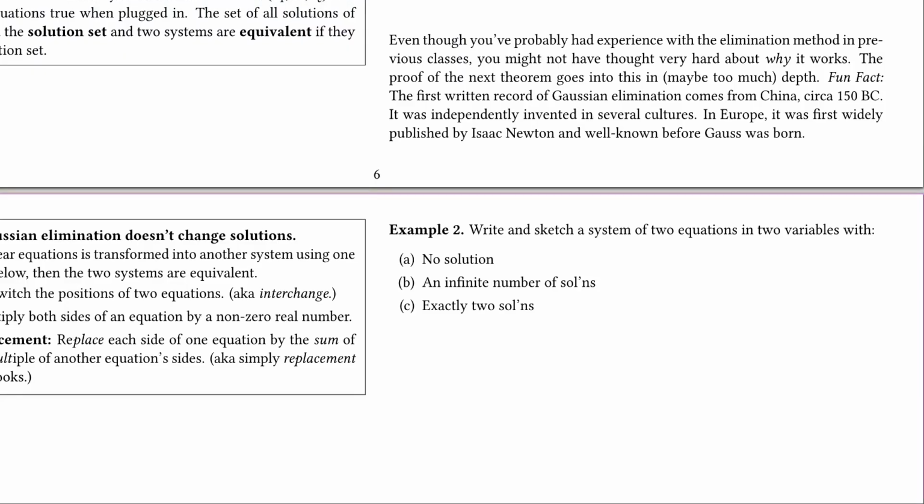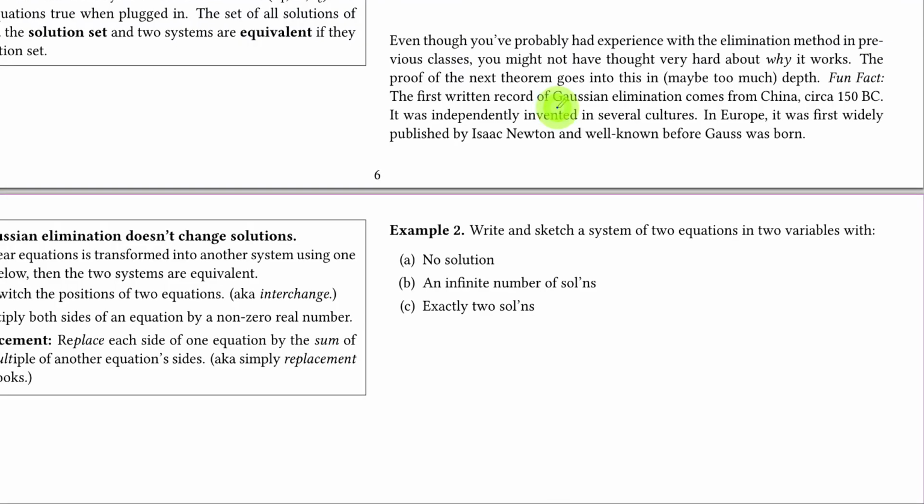Oh, by the way, a little side note here. Gaussian elimination was not actually invented by Gauss. It's actually been known for a long time. The first written record comes from China over 2,000 years ago, and it was independently invented in several other cultures just because it's a thing that comes up a lot when you're dealing with numbers. Like a lot of the time, there's more than one unknown number you have to figure out. Like there's all kinds of basic applications you did in your algebra 1, algebra 2 classes in high school.